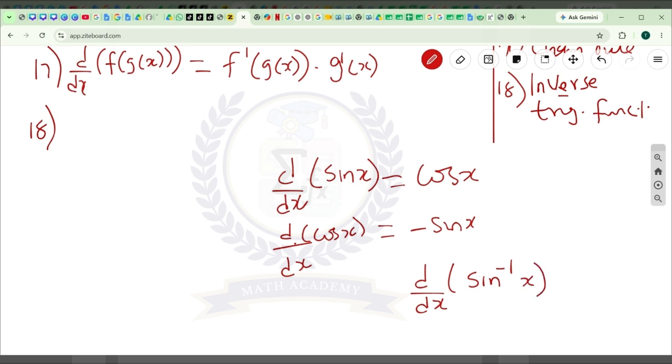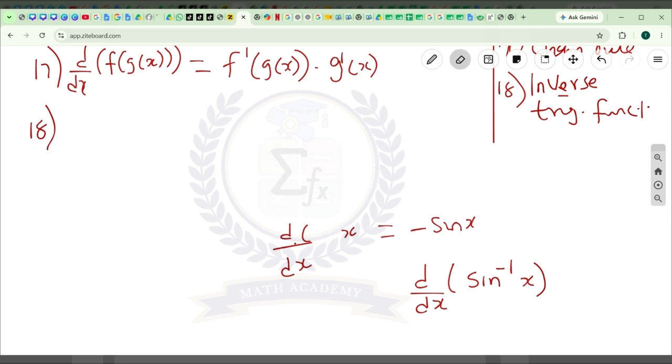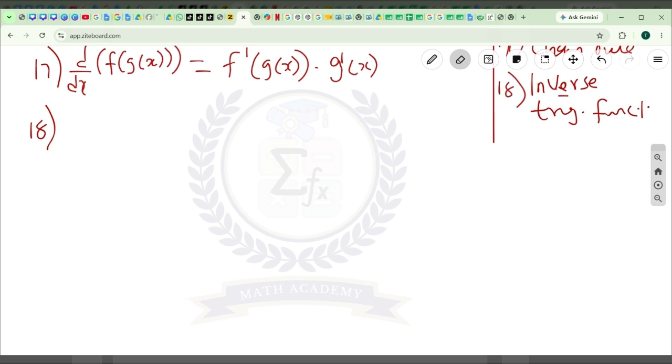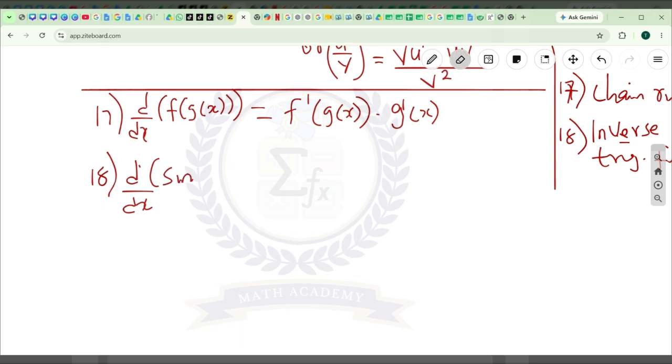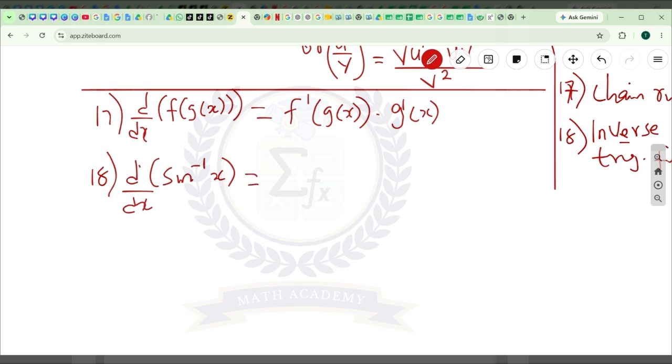If you're asked to differentiate something like that, the inverse of sine x, this is how we're going to approach it. What this is going to give you is 1 divided by the square root of 1 minus x squared.